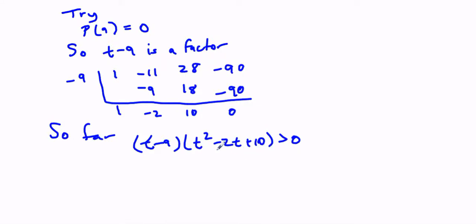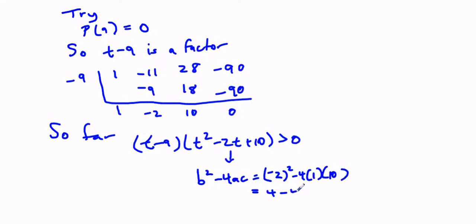And I look at that and I don't think it's factorable. Two numbers that multiply to 10 and add to negative 2? No can do. So I'm going to do my b squared minus 4ac. And I'm going to get minus 2 squared minus 4 times a times c, which is 4 minus 40, which is minus 36, which is less than 0.